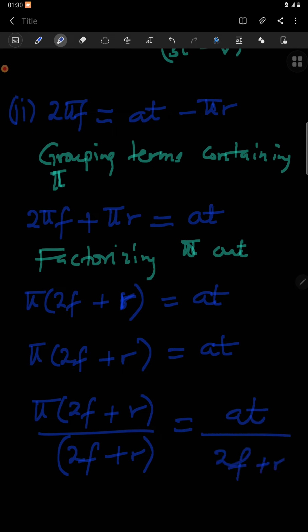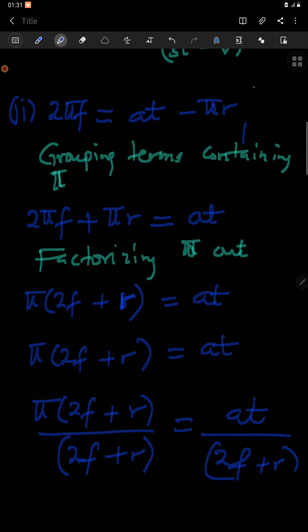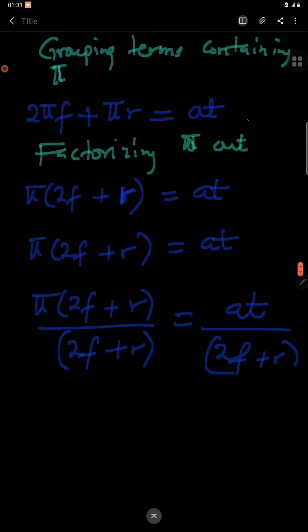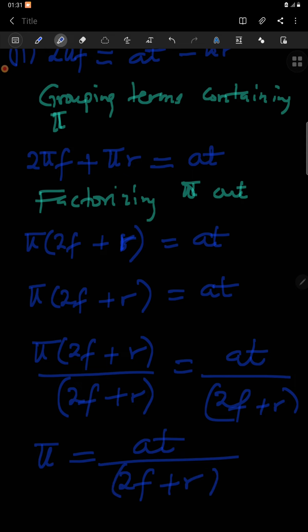So the 2f plus r divides on the left hand side, we get 1, and we eventually get pi to be at over 2f plus r.